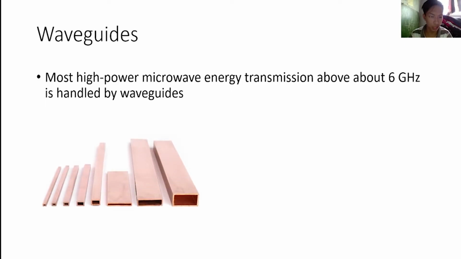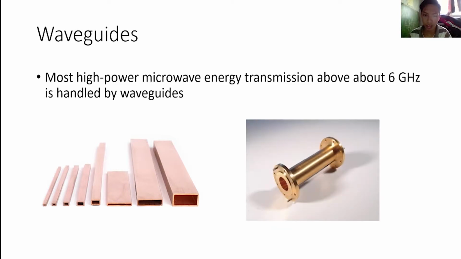So what is this? As you can see, this one is a rectangular waveguide, and judging from the picture, the material used is a conductor, most probably bronze. In this one, I'm assuming that perhaps the material is gold. This is a circular waveguide, which is also one of the examples.